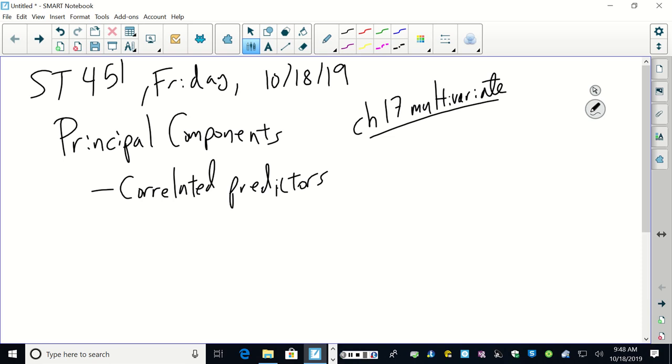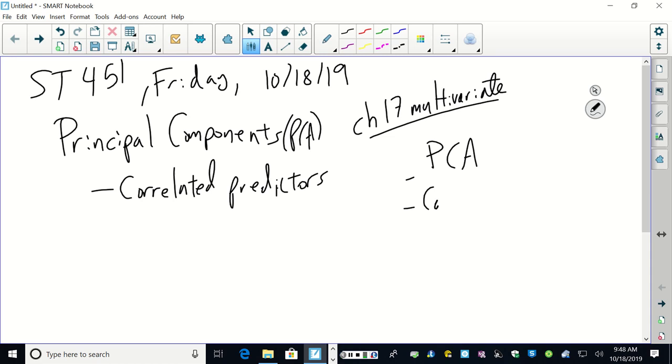But this is in the general section of multivariate statistics, where you might have many variables and you want to summarize the overall pattern. So principal components, or principal components analysis, PCA, could be one part.